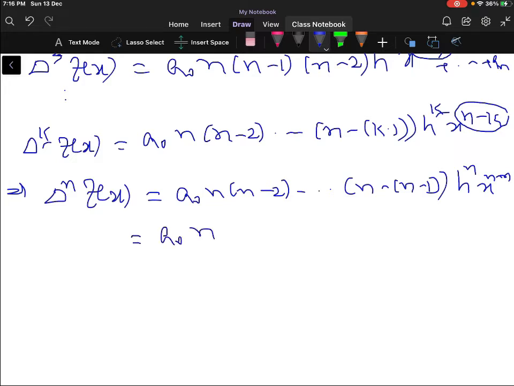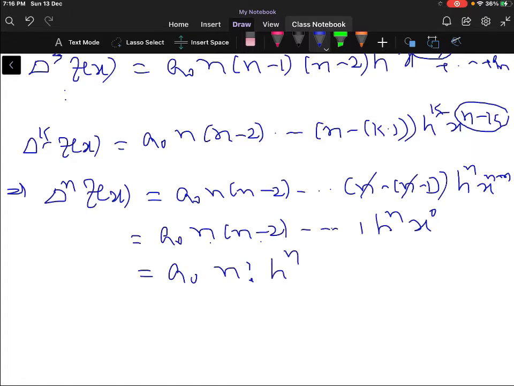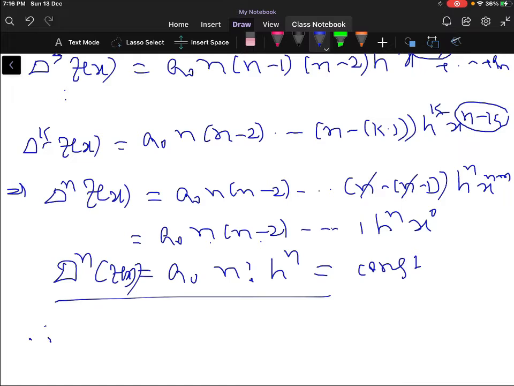So this can be written as a naught into n into n minus 1 and so on 1, that is 1, h power n x to the power of 0, that is 1. So a naught into n into n minus 1 and so on 1 can be written as n factorial into h power n. So that is nth forward difference of a nth degree polynomial f of x is constant. It is a constant term.